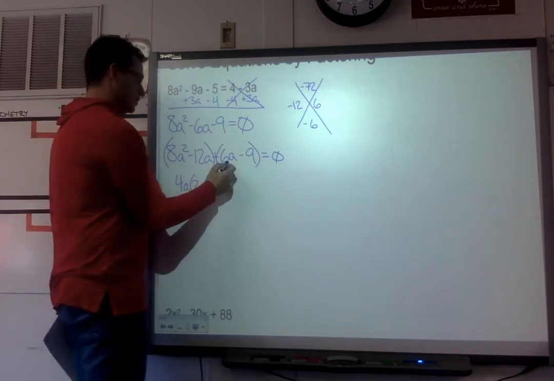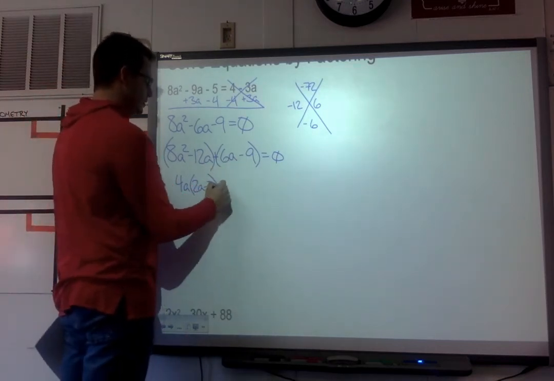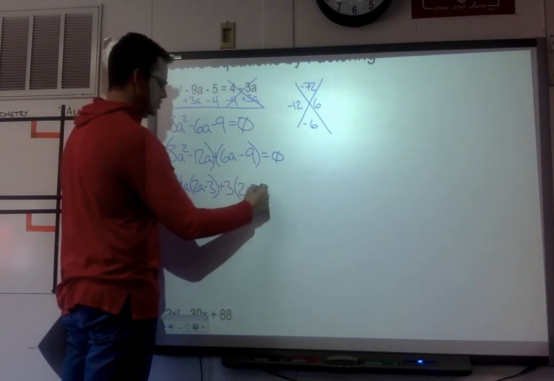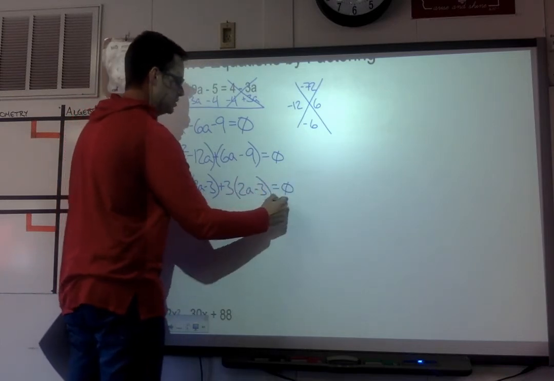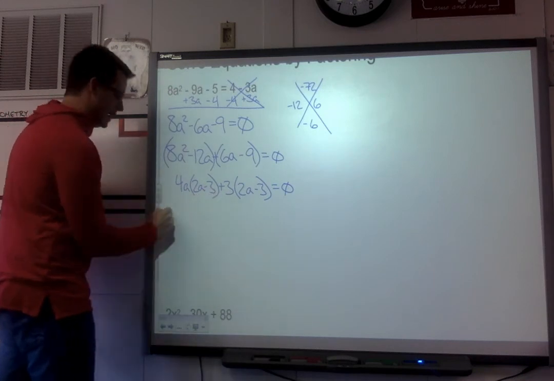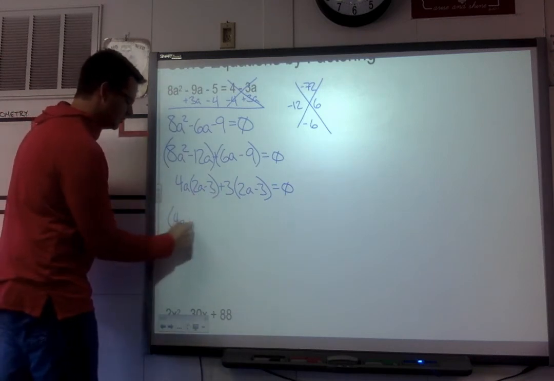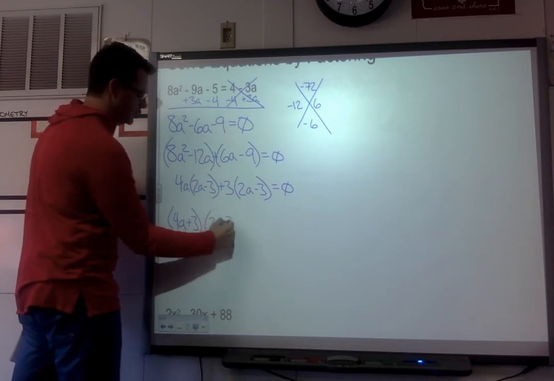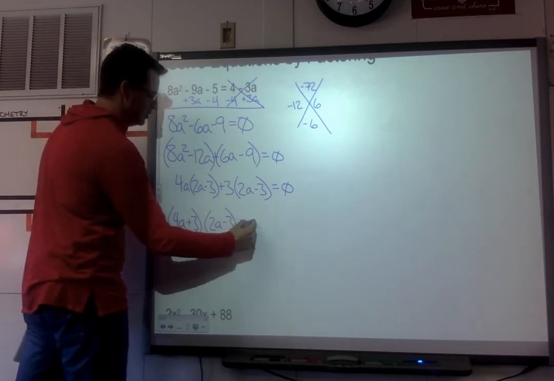Then my second one, 6a minus 9, I can take a 3 out of that, and I'm left with 2a minus 3. Then again, everything outside the parentheses together, so 4a plus 3 is one binomial. 2a minus 3 is another binomial.